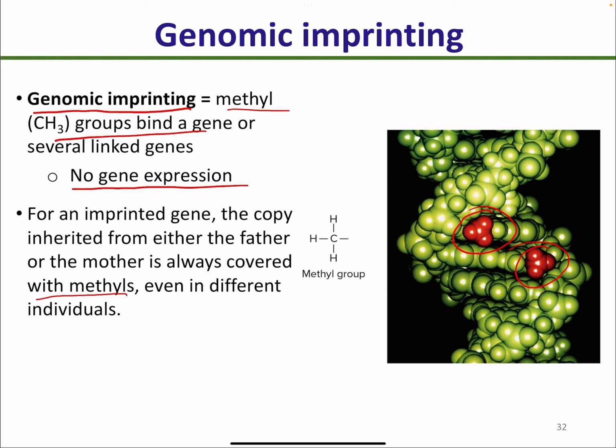Let me repeat that. For an imprinted gene, the copy inherited from either the father or the mother is always covered with methyl, even in different individuals.